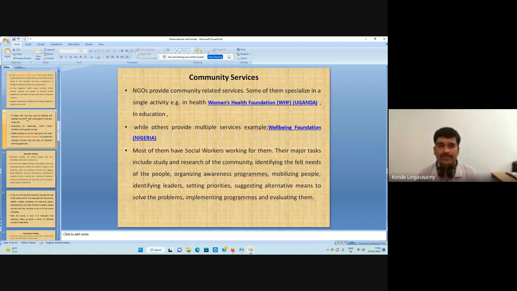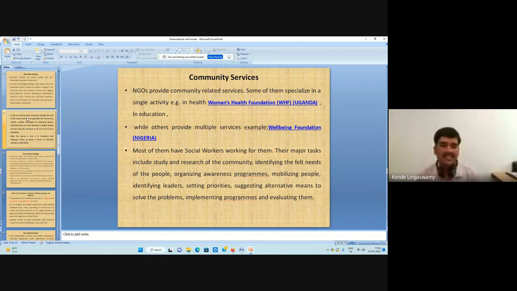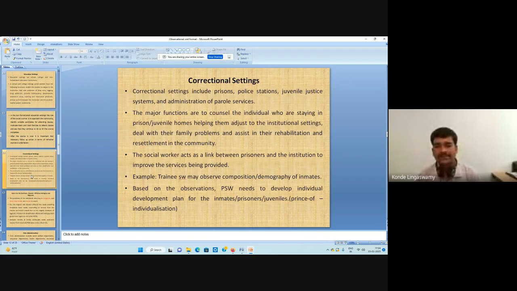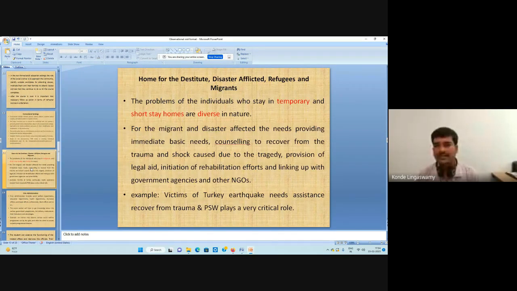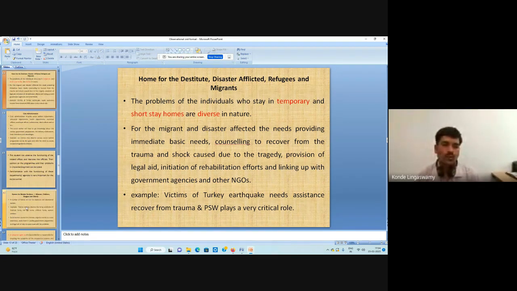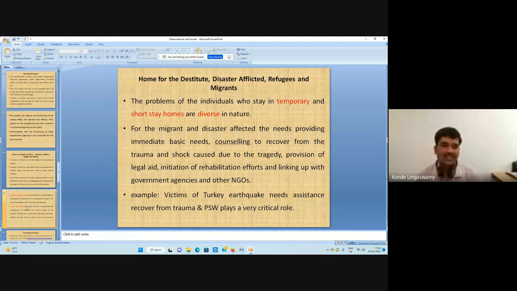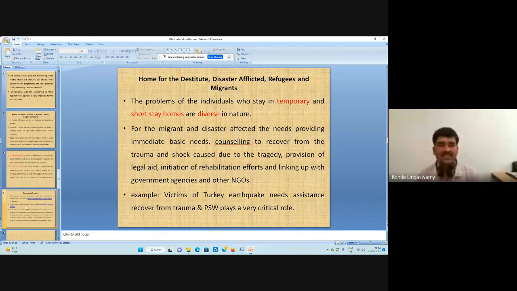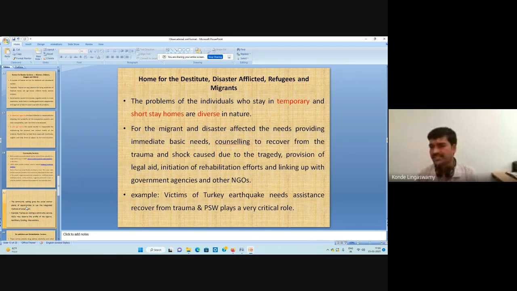In educational settings, we need to visit organizations like schools, colleges, and non-formal educational institutions. In a correctional setting, prisons and juvenile homes. We discussed homes for the destitute, disaster-afflicted refugees and migrants, homes for the old age, homes for women and children, beggars. And we discussed community service setting organizations.